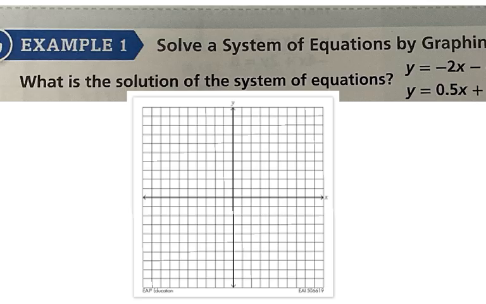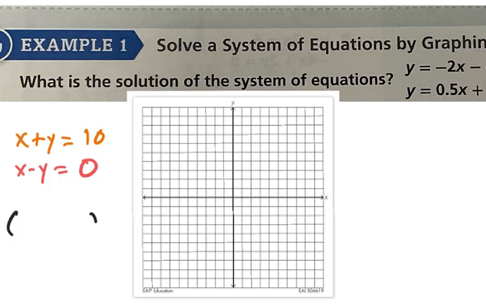So let me give you an example of one that we can do probably in our heads. If I told you x plus y equals 10 and x minus y equals 0, can you think of a point that makes both equations true at the same time? Yes. What? It's a point.